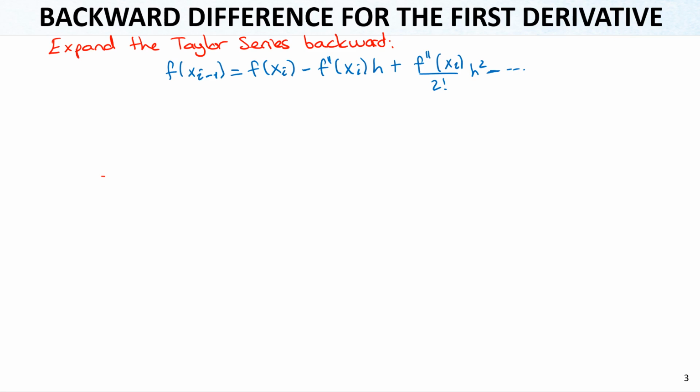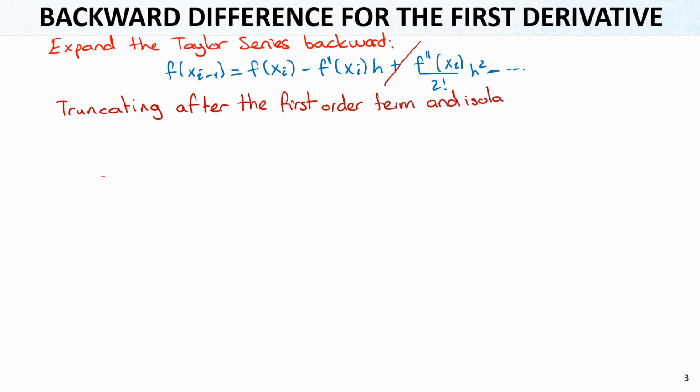We should be careful about this for the backward difference only. In the forward difference, it's always plus, but in the backward difference, it goes plus, minus this way. So we truncate from here, and we will have the first order backward difference this way, truncating after the first derivative, first order term, and isolating the derivative f'(x_i).